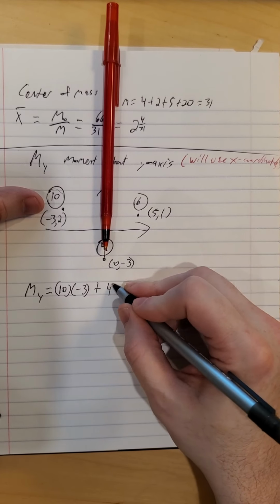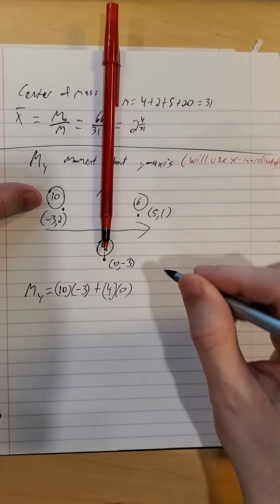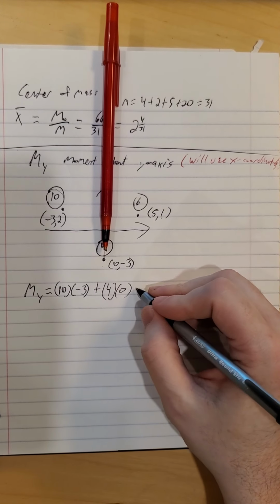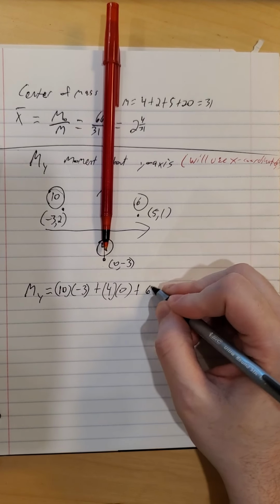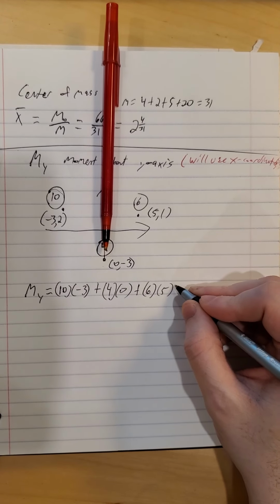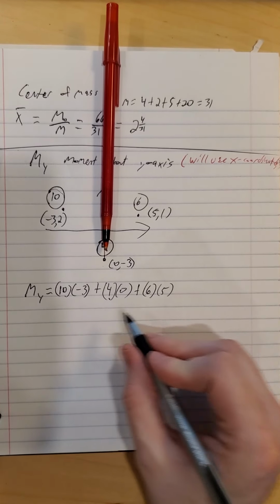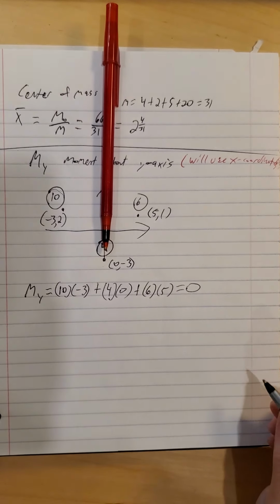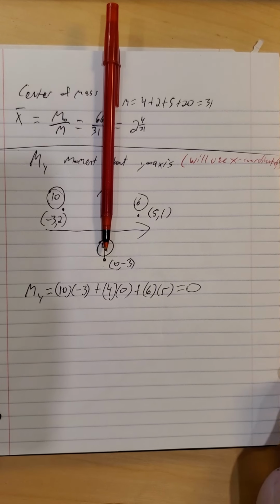Next one has a mass of 4, but it is smack dab on the y-axis. It's not going to pivot left or right. And our last one, a mass of 6, and we are 5 units to the right. So m sub y, -30 + 30 + 0 is 0. So we are actually balanced here.